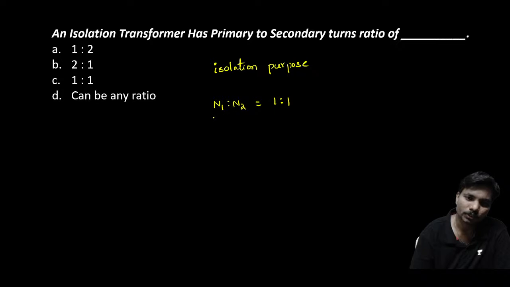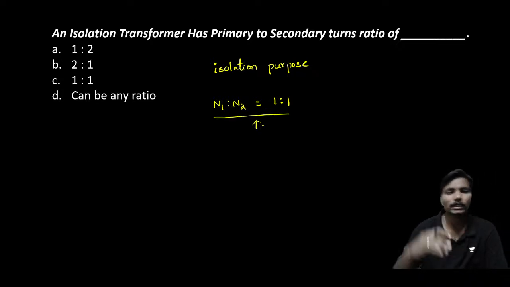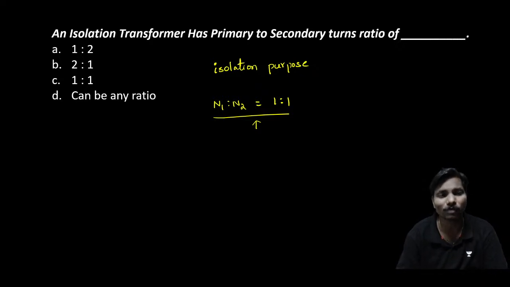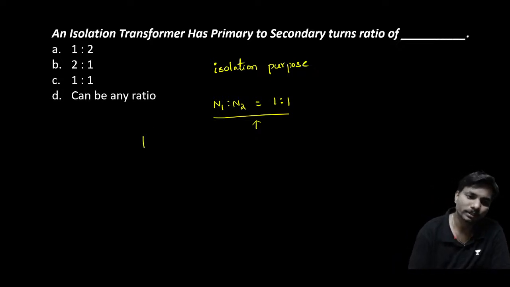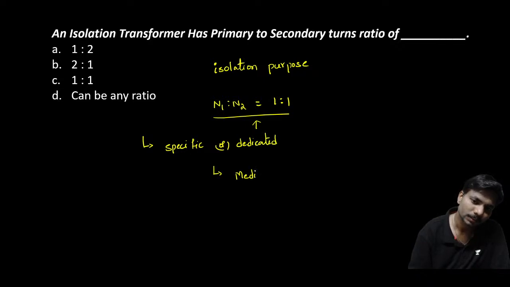If the turns ratio is 1:1, it is not stepping up or stepping down the voltages and currents, then what is the requirement of this? Where can we use this isolation transformer? In some specific or dedicated instruments, like medical applications.